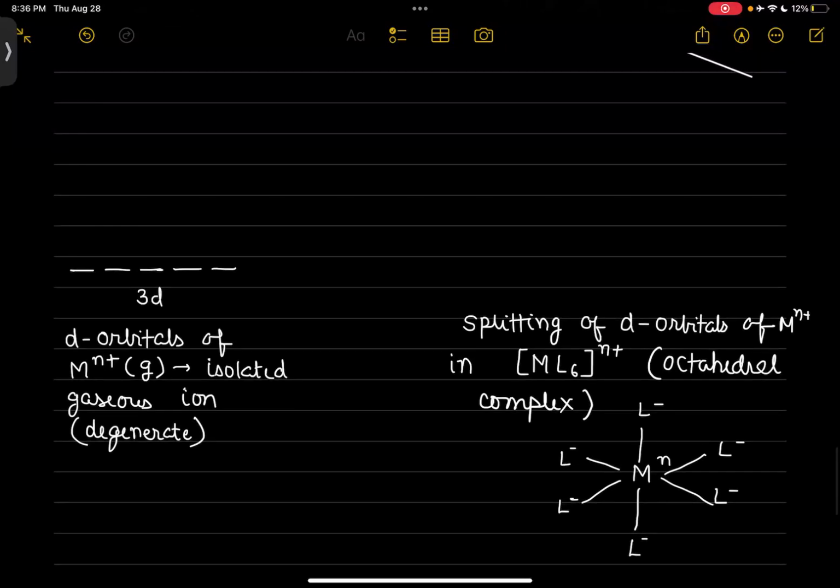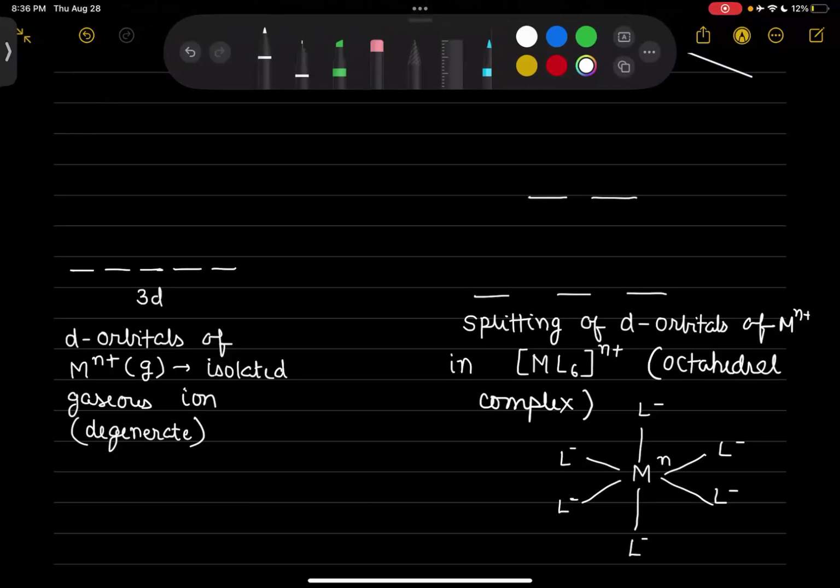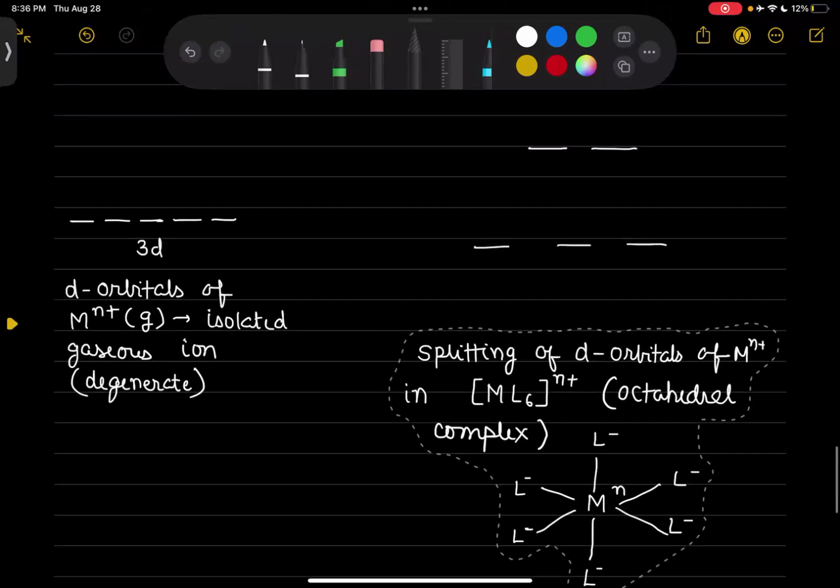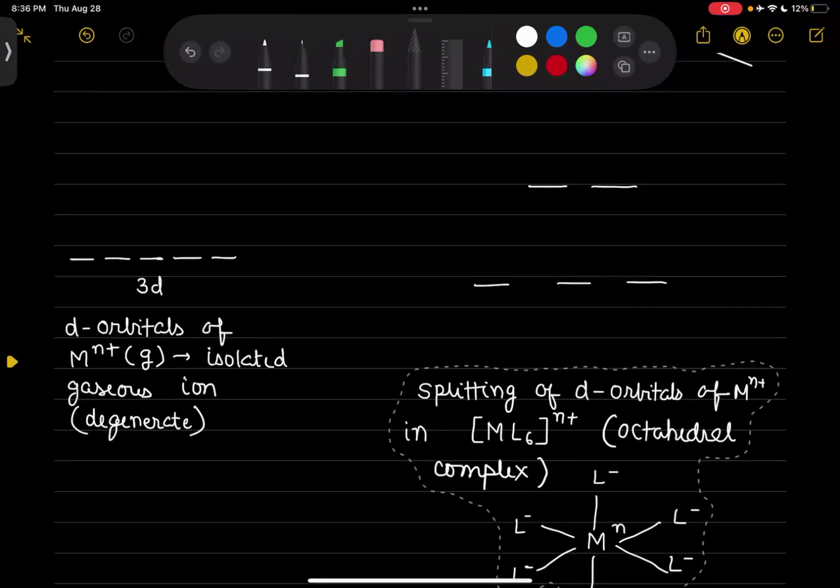So how are these d orbitals going to split in an octahedral complex? They are going to split into 2 groups. One group consists of 2 of the d orbitals, which have higher energy than the average.